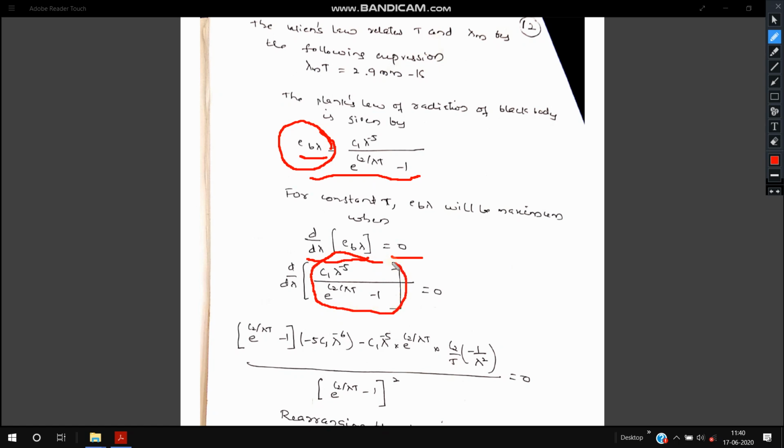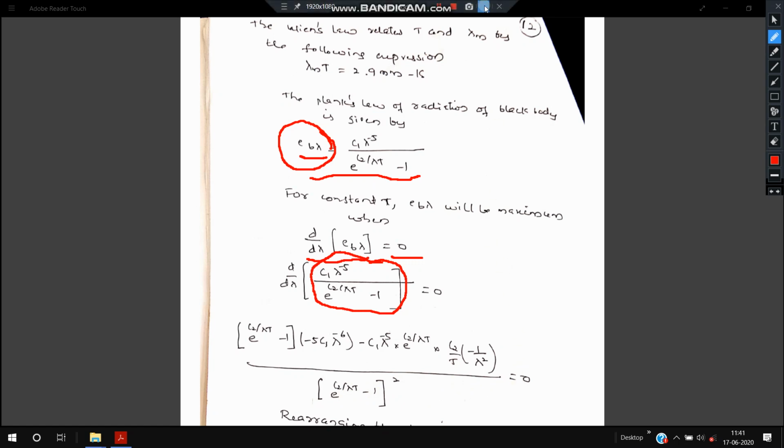Differentiating d by d lambda of C1 lambda raised to minus 5 divided by e raised to C2 by lambda T minus 1 and equating it to 0, we get: e raised to C2 by lambda T minus 1, times minus 5 C1 lambda raised to minus 6, minus C1 lambda raised to minus 5 e raised to C2 by lambda T into C2 by T into minus 1 by lambda square, divided by e raised to C2 by lambda T minus 1 whole square, equals 0.